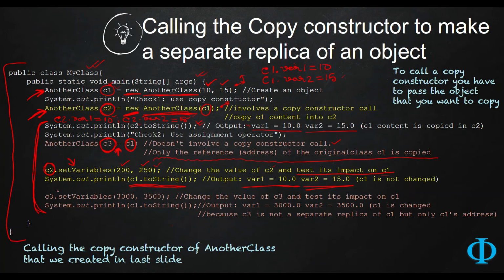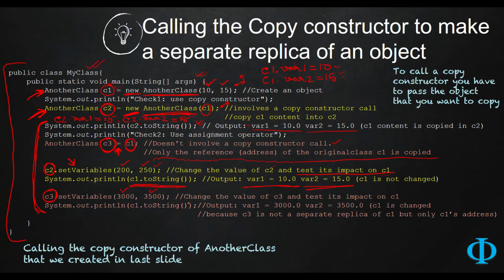So what I have done here is, I have changed the value of both the variables of C3, that is C3's var1 and var2, to 3000 and 3500. C1's value was 10 and 15.